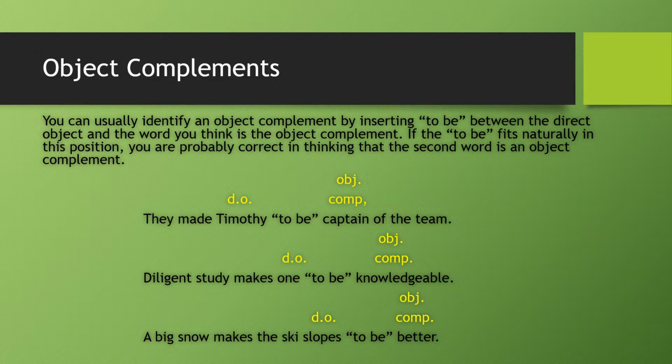They made Timothy to be captain of the team. Diligent study makes one to be knowledgeable. A big snow makes the ski slopes to be better. And indeed, to be fits comfortably in all three of those sentences. So in all three, we do indeed have an object complement following the direct object.